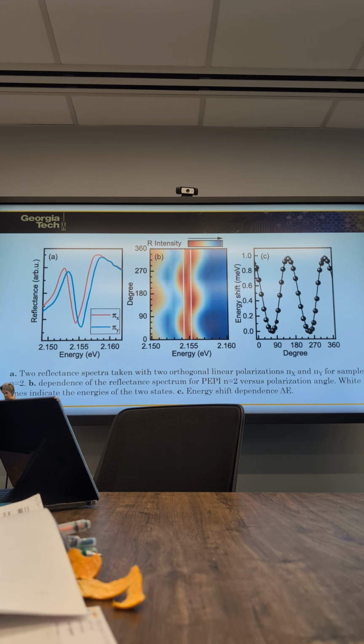So we notice that every cycle repeats every 180 degrees. From 0 to 180 degrees is one cycle, and then another cycle, and then another cycle, right? And that cycle corresponds to the excitonic state that you are creating. So this is the energy of the light that comes off, not the actual X.